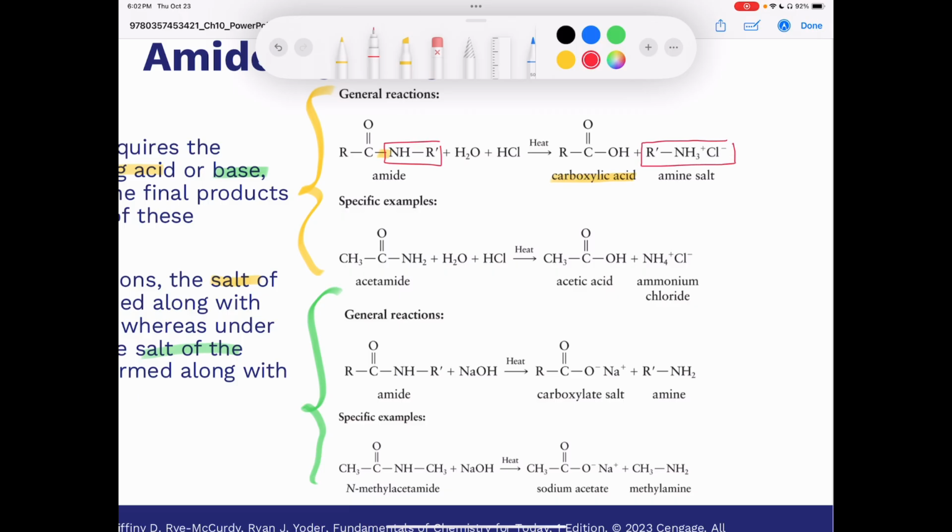So we see the example of acetamide here reacting with water in the presence of acid. So we see that the acetyl group gains an OH and becomes acetic acid, but the amino portion here ends up gaining a proton and then reacting with HCl to give us the ammonium chloride salt.